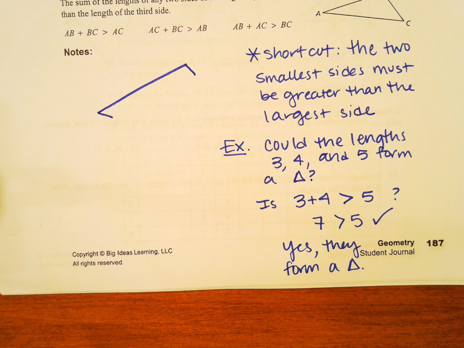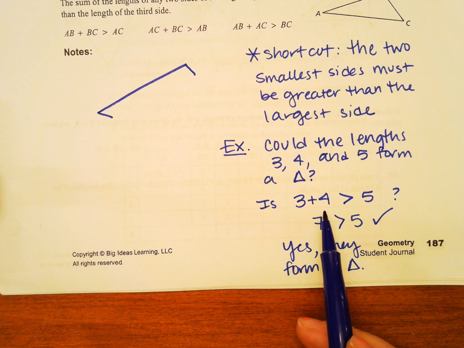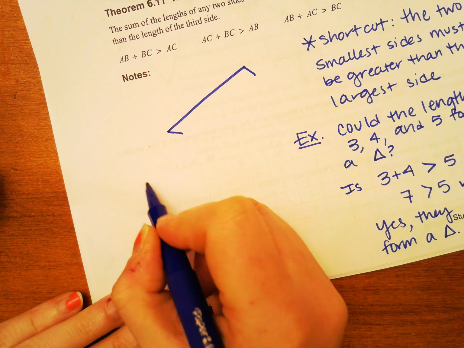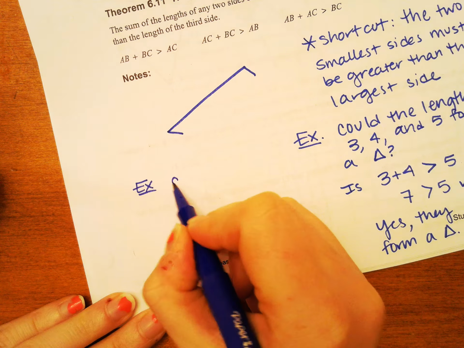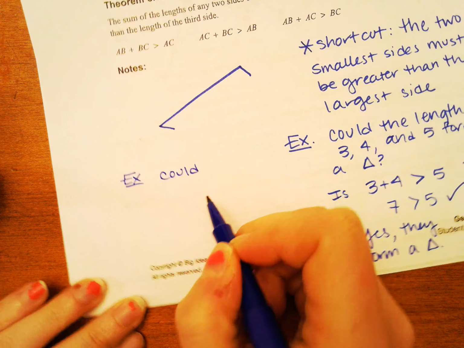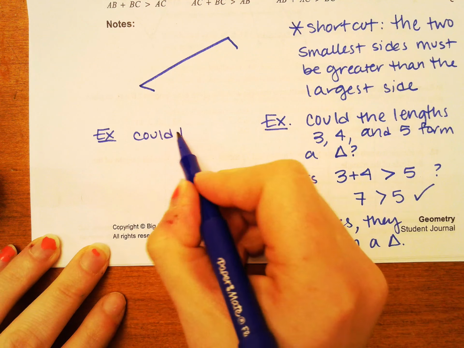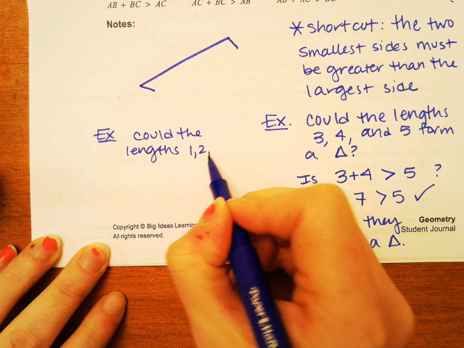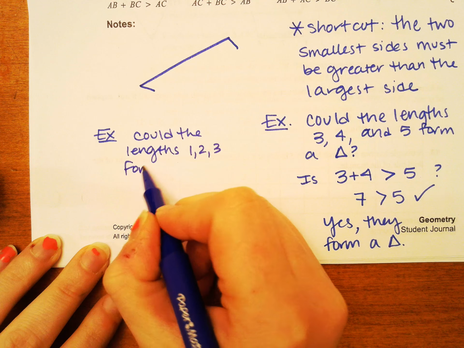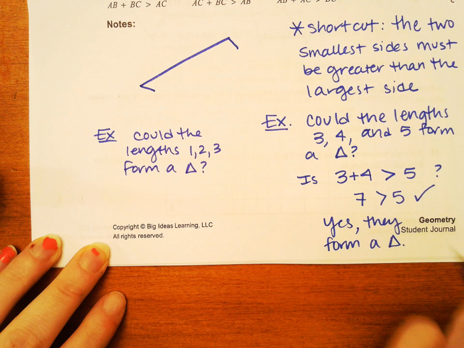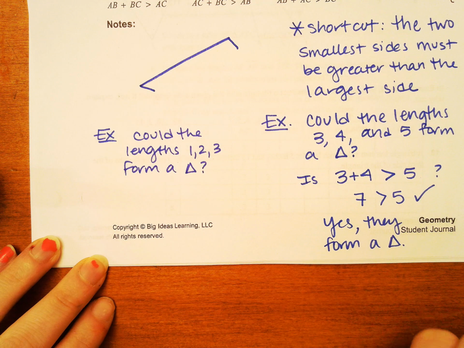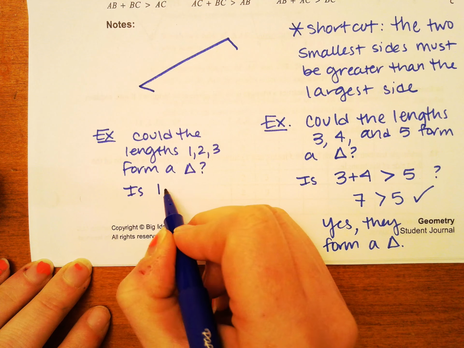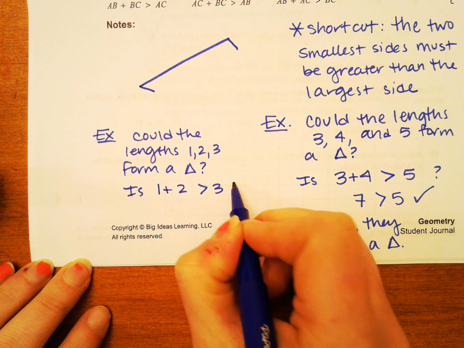Now, if we get something that is smaller, let's do another one. Could the lengths 1, 2, and 3 form a triangle? If I'm testing my two smaller, our question is, is 1 plus 2 bigger than 3?